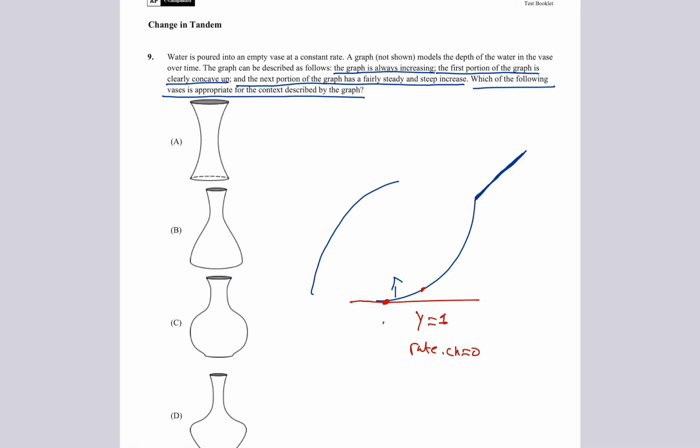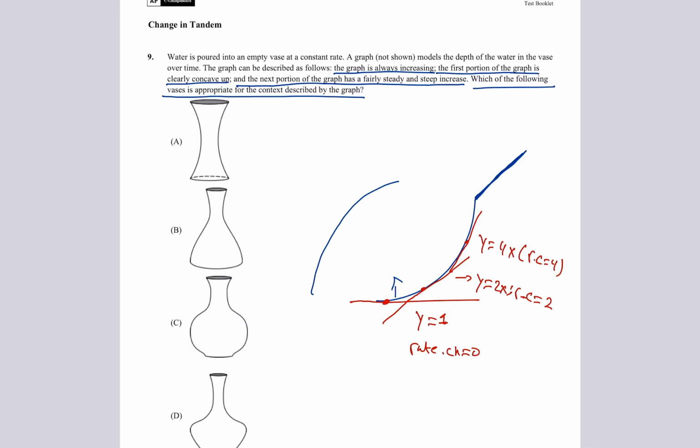Now as we move on to this point, y equals 2x, the rate of change equals 2, right? As I move on to this point, y equals 4x, the rate of change equals 4.